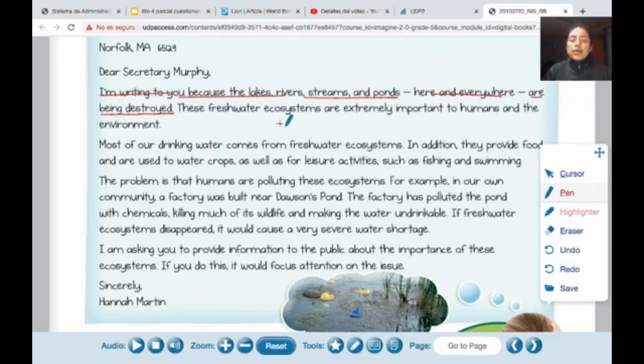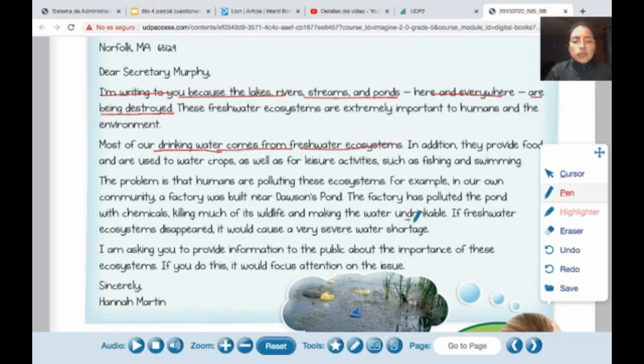Now, the second part says, continue with the reading. These freshwater ecosystems are extremely important to humans and the environment. Most of our drinking water. Remember, what is drinking water? Okay, agua potable. Excellent. Comes from freshwater ecosystems.